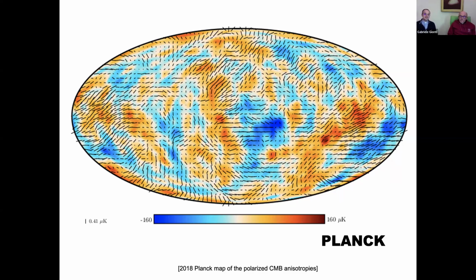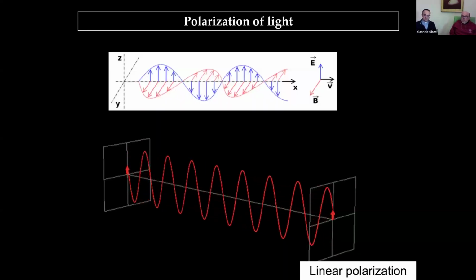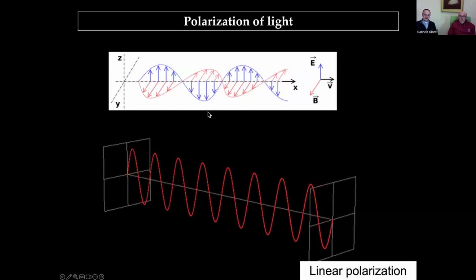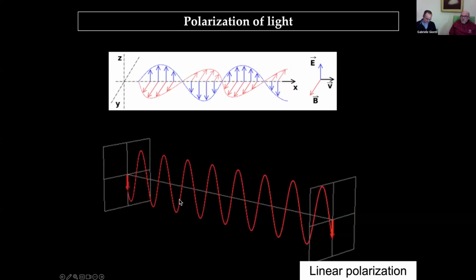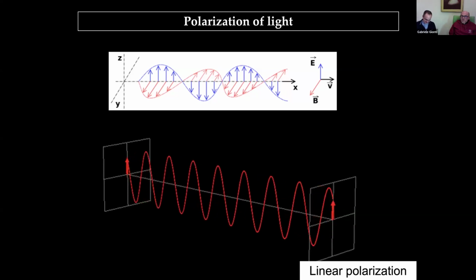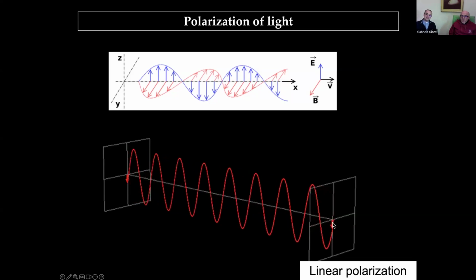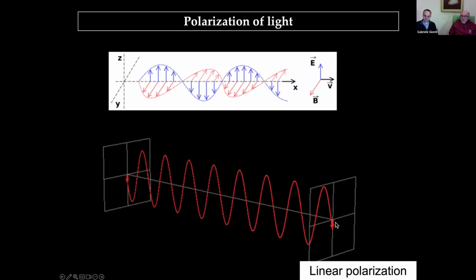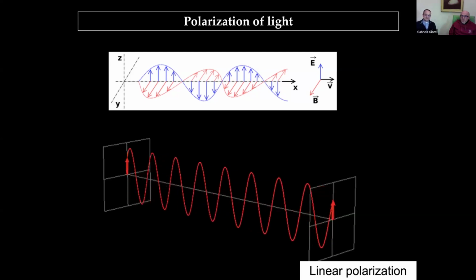Because, as any electromagnetic wave, the CMB is also polarized. We all know that electromagnetic waves can be polarized. You see here in red an example of a linearly polarized wave. You see the electromagnetic field is oscillating along a given direction during propagation, which is fixed.